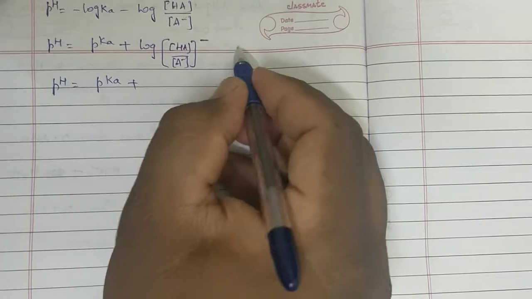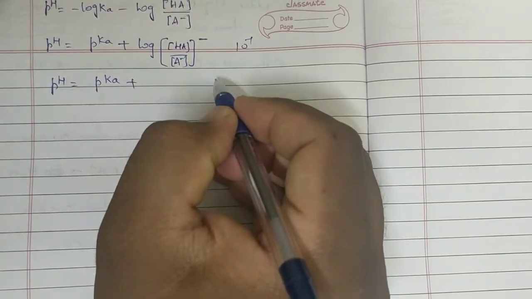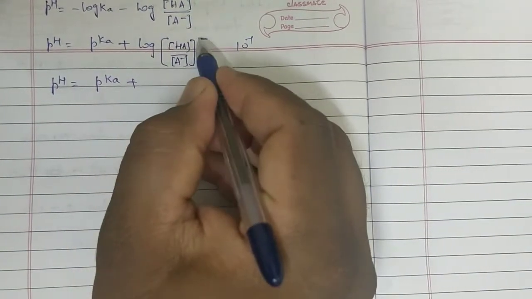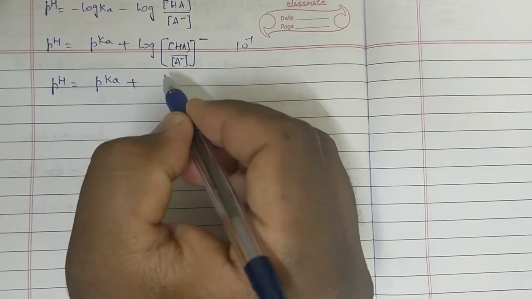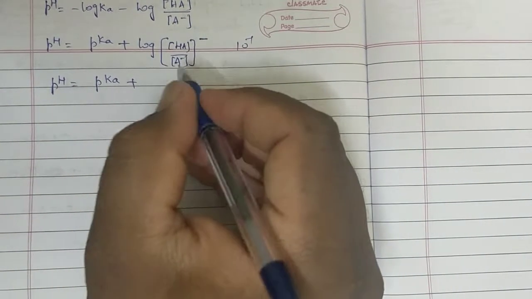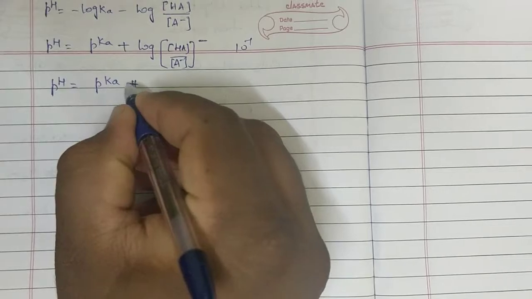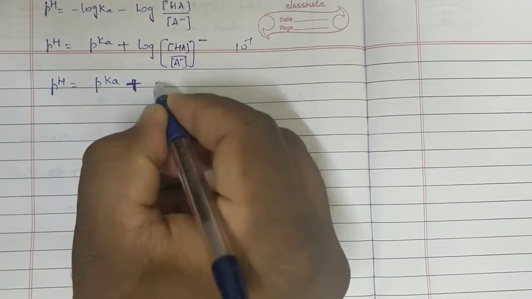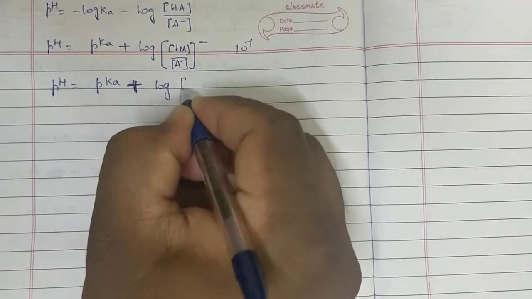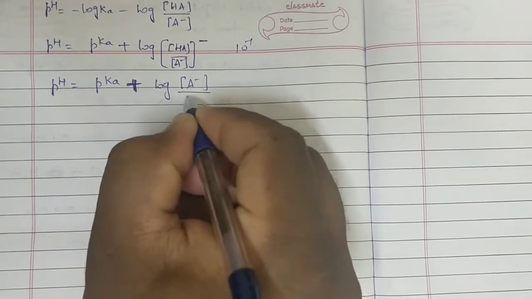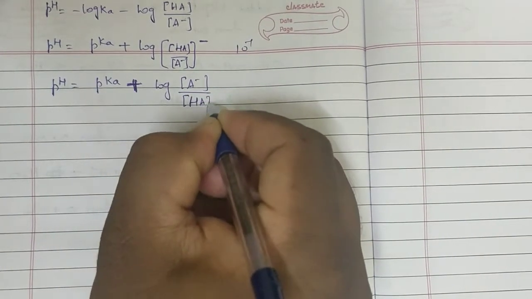Power minus 1 means we can write it as 1 by. So if you apply the reciprocal, A minus will come above, and it becomes logarithm of concentration of A minus divided by concentration of HA.